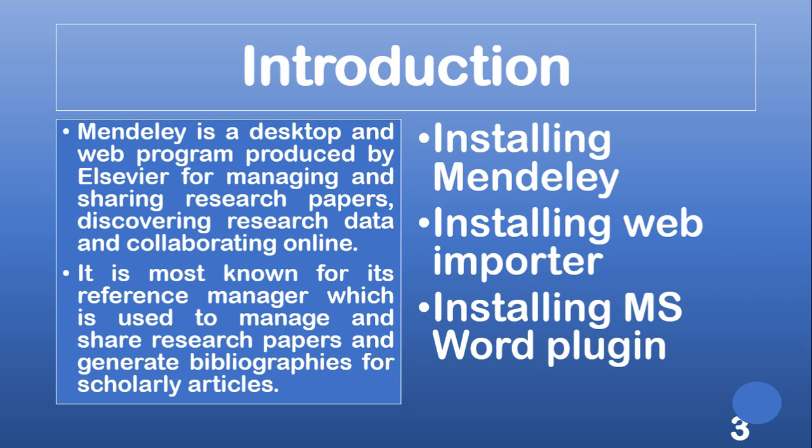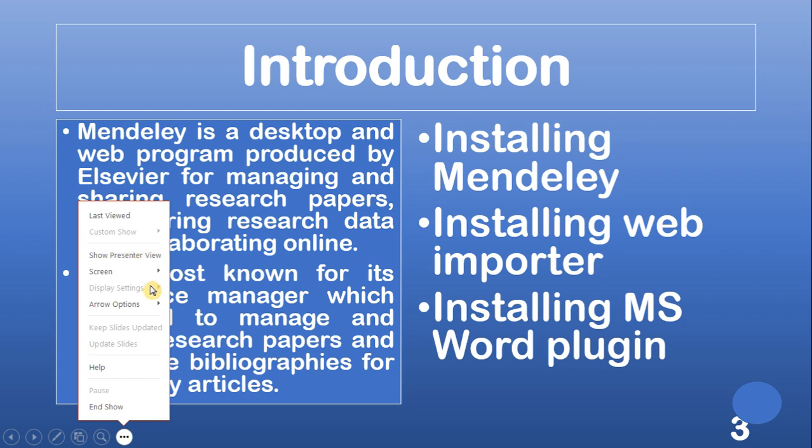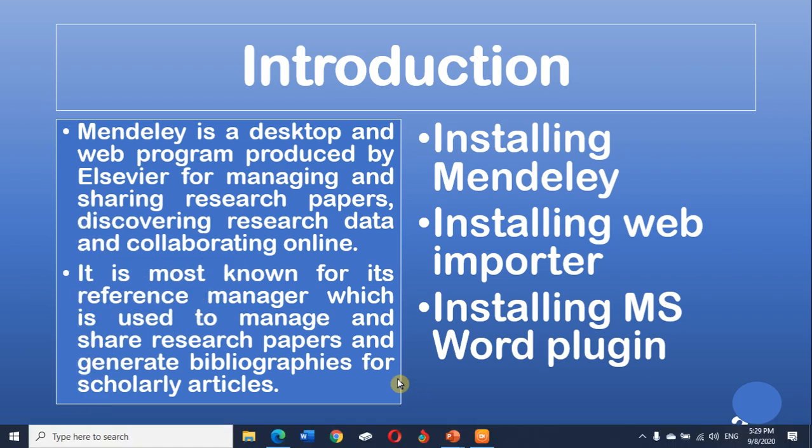and scholarly articles. Now, I will demonstrate briefly how you can install Mendeley desktop on your PCs, how you can install the web importer, and how you can install the Microsoft plugin, since most of us use Microsoft to do our programs.